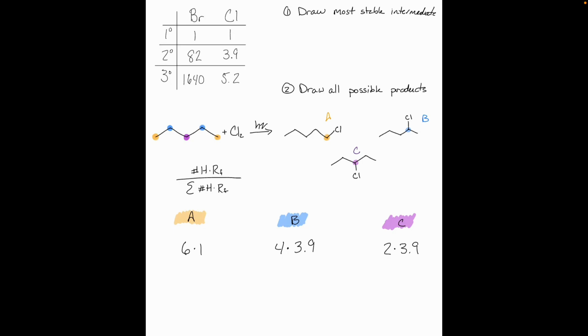All right, so then I'm just going to divide each of these by that sum, 6.1 plus 4 times 3.9 plus 2 times 3.9. Right, the denominator will be the same for all of these.